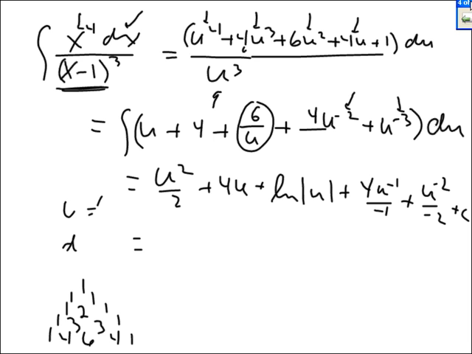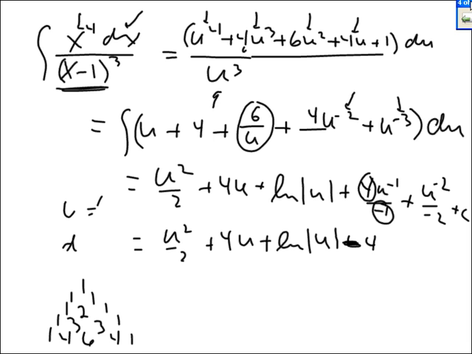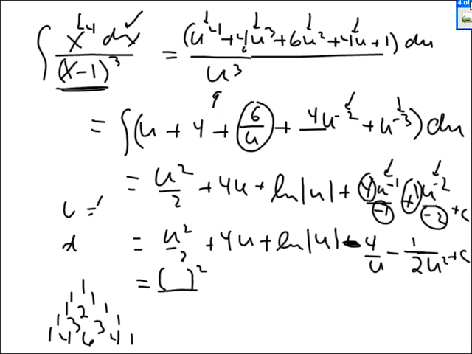Let's clean this up a little bit. ln of u plus positive 4 over negative 4. Well, that becomes negative 4, and u to the minus 1 goes on the bottom. There's a 1 there. A positive 1 divided by negative 2 is negative a half. U to the negative 2 goes on the bottom as u squared. And then you substitute in whatever x was equal to.